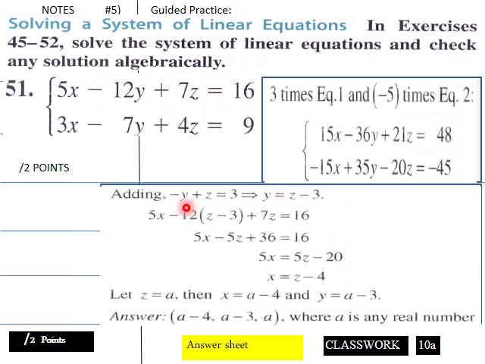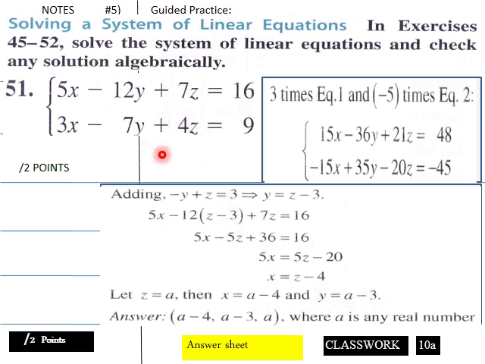So -y plus z equals 3 becomes y equals z minus 3. And then you plug that back into the remaining system, and you crank all this out, and you get x equals z minus 4. So let z equal a, then x equals a minus 4, and y equals a minus 3.